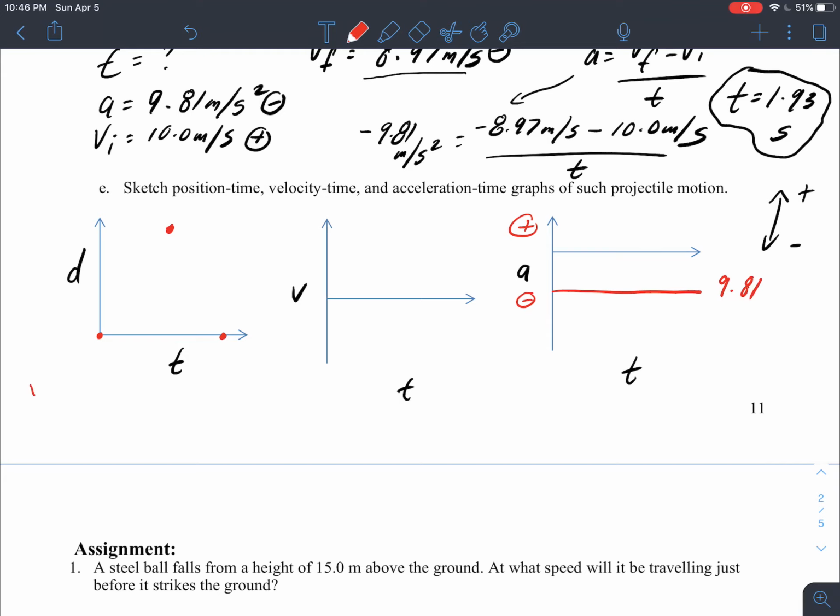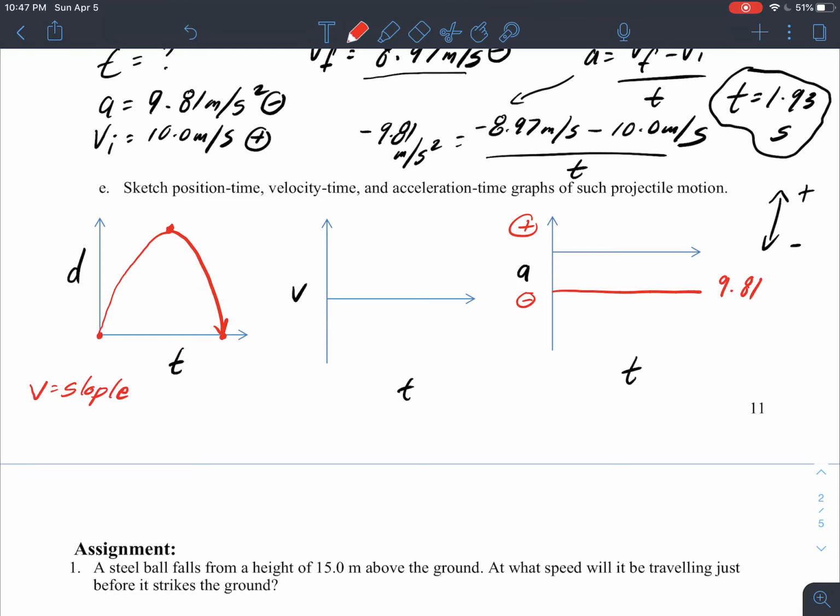If you remember that velocity is equal to the slope of our position time graph, our slope should be getting less steep as we go up, be 0 at the very top, and then get steeper and steeper on the way down. I know that's not a perfect diagram, but I did my best. So that's what my position time graph looks like.